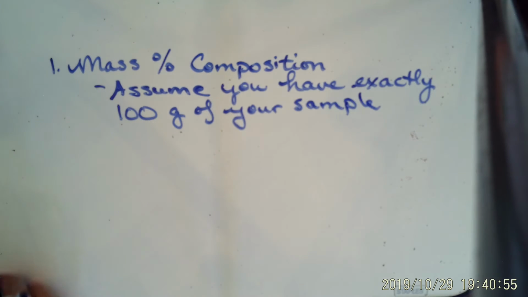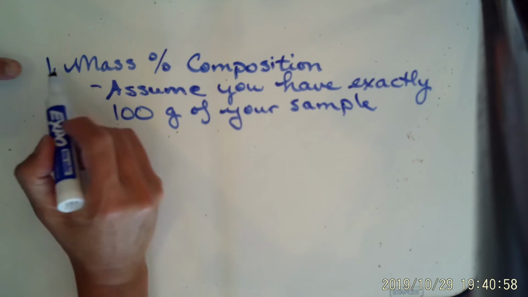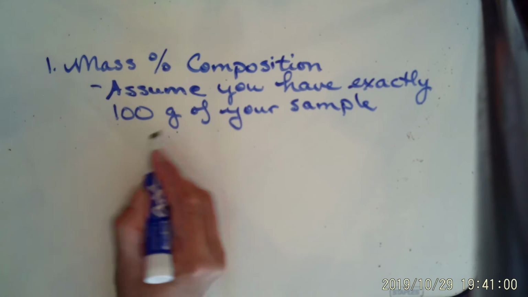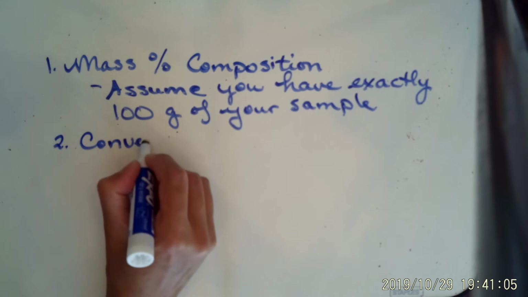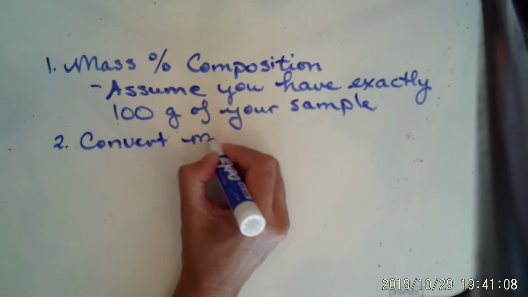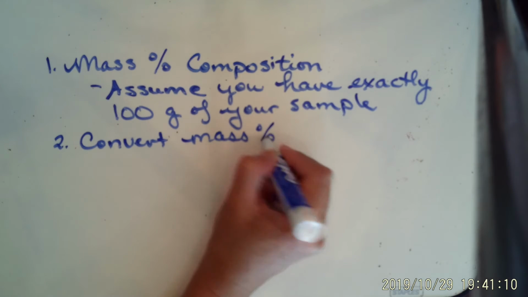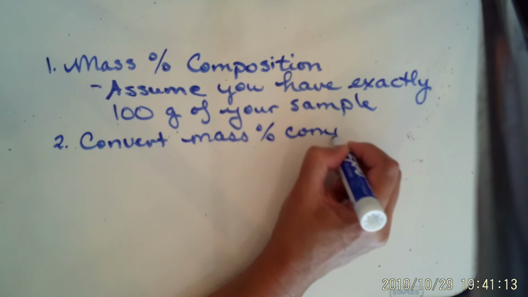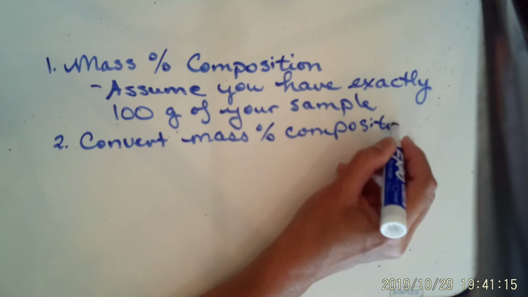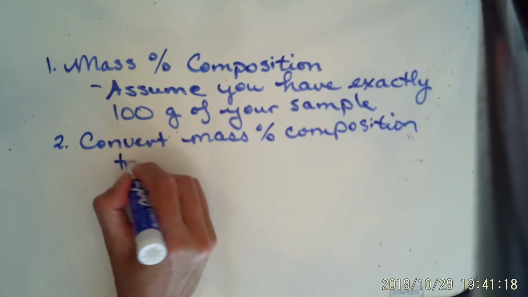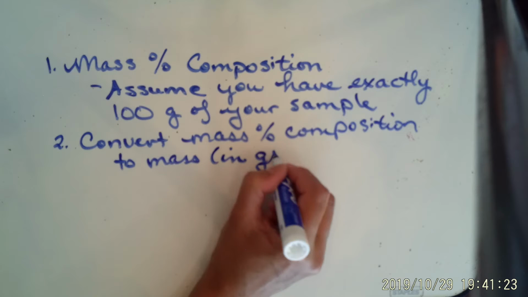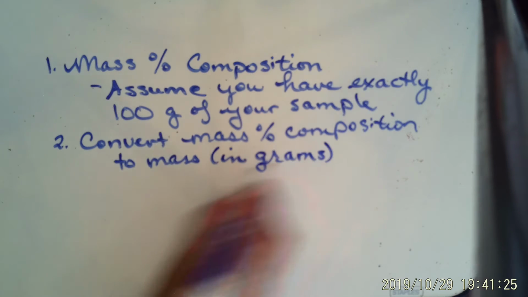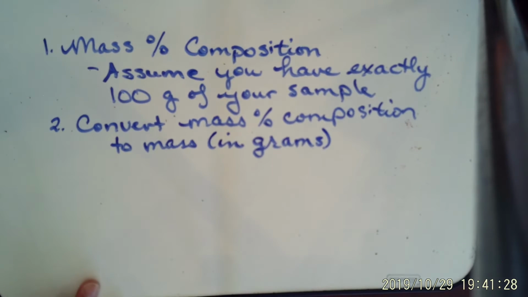When you make that assumption, if you're not given your masses but given mass percent, then you can convert your mass percent composition to mass in grams. Since we're talking about composition, all of the percentages will be for elements.